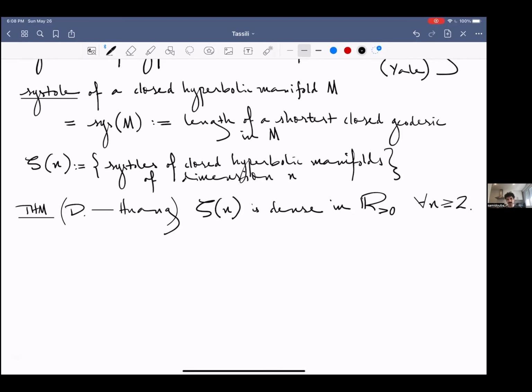But for n at least 3, this result appears to be new even for n equal to 3, which is perhaps a bit surprising because in dimension 3, there are many tools for producing closed hyperbolic manifolds, tools that are absent in higher dimensions, like topological tools, Dehn filling, etc. But in fact, the technique is uniform, and I'm going to try to give you a semi-complete proof of this theorem. But first, let's just establish some easy facts about this set Sn.